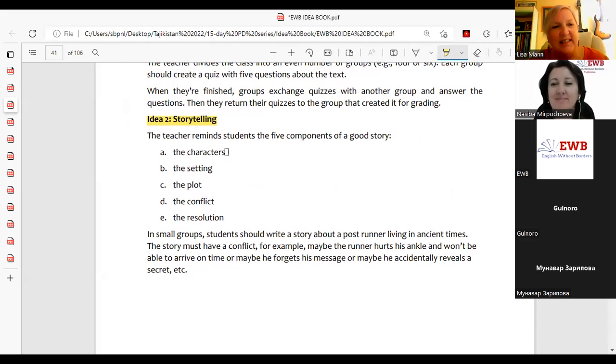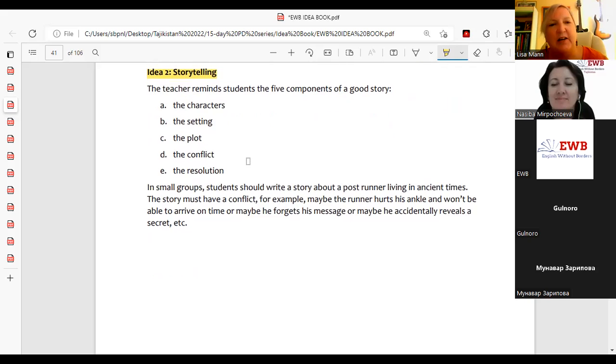So this group came up with the idea of storytelling, and they have to write a story or tell a story about a post runner living in ancient times. And we have to review the good components of a story, of course, because the students will write something that isn't a story, it's just a list of sentences. But if you work on this over time, then they'll get the story format.